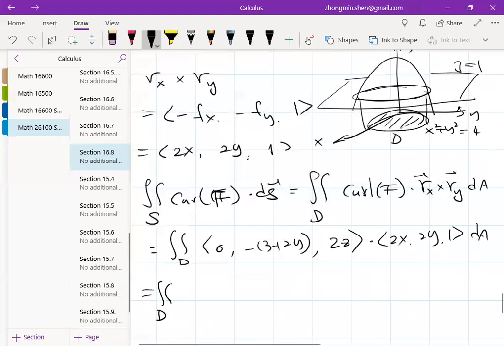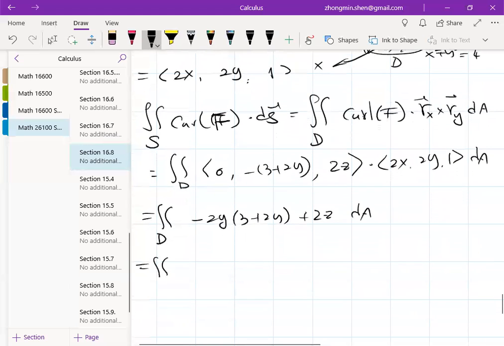The product is going to be negative 2y, 3 plus 2y, and plus 2z, dA.